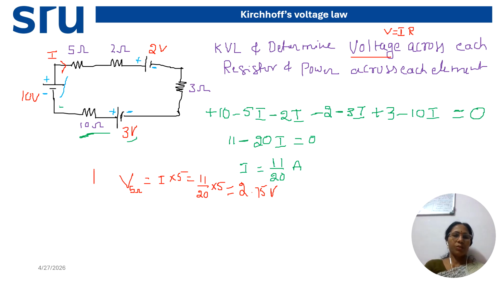So this is the voltage drop across the 5 ohm resistor.